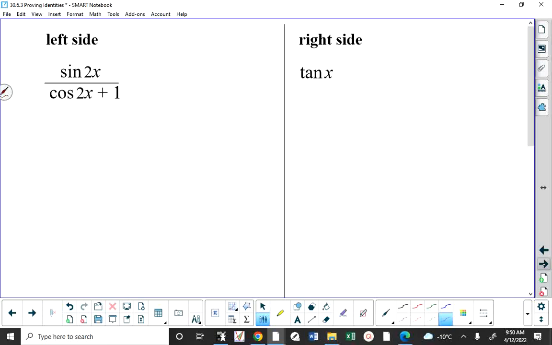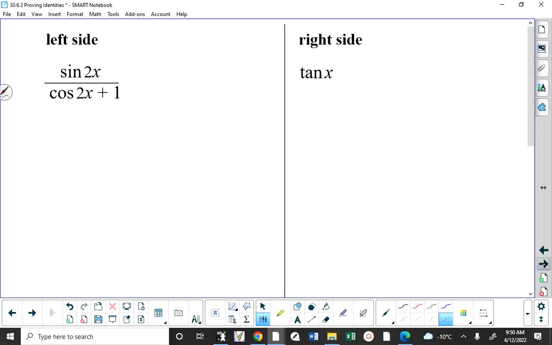But if you just sit there at your desk and stare at it, there's not gonna be some massive light bulb that goes off in your head and goes, oh, I see exactly how to do it. You have to try. You have to start using identities to rewrite things. So when I take a look at the left side, I see sine of 2x. There's only one thing I can do with sine of 2x, right?